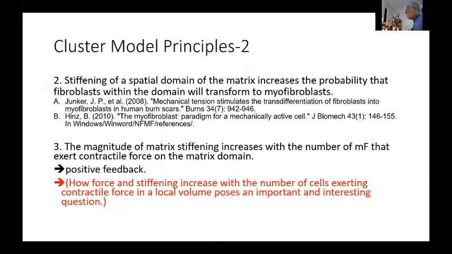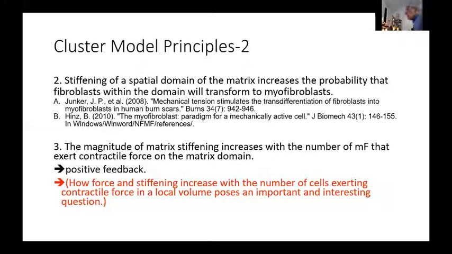I am asserting that the magnitude of the stiffening increases with the number of myofibroblasts that exert contractile force on the extracellular domain. In other words, I'm asserting what you would expect, namely that if you have more myofibroblasts exerting contractile force on a local domain of the extracellular matrix, that extracellular matrix will stiffen to a greater extent than with just one or a few myofibroblasts exerting contractile force on that domain.